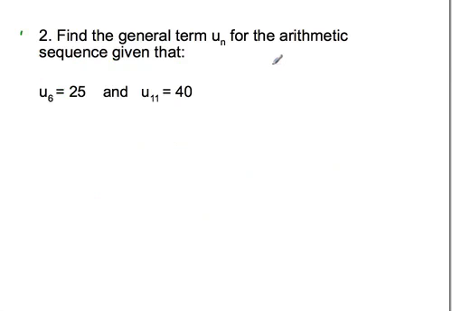The next example, we've got the 6th term and we've got the 11th term. So we've got a bunch of blanks. We don't know what the first terms are. But we do know that U6 is 25. And then we've got U7, 8, 9, 10.